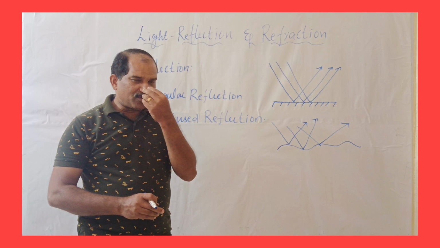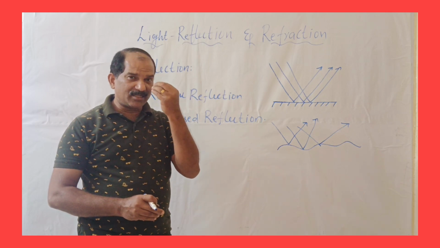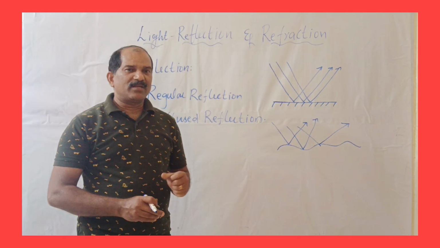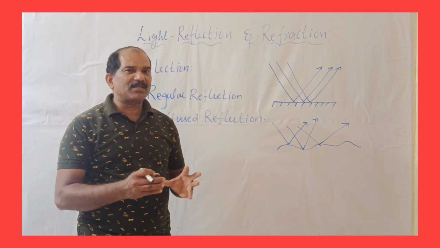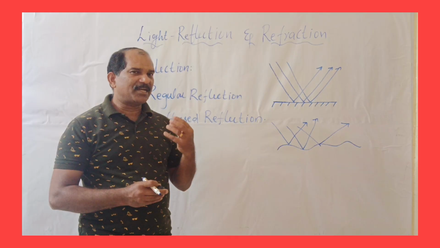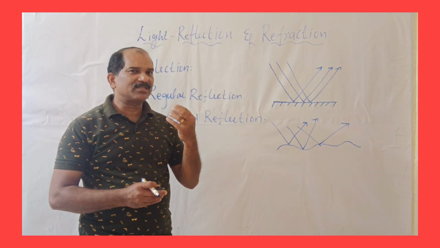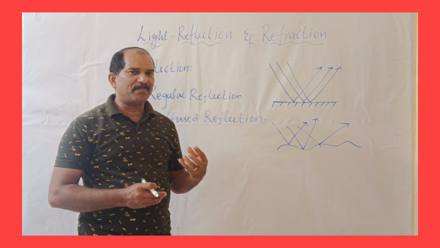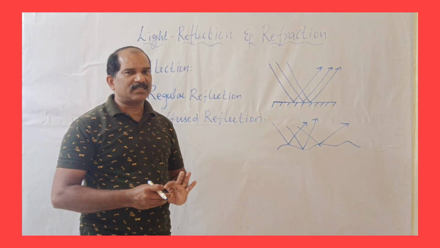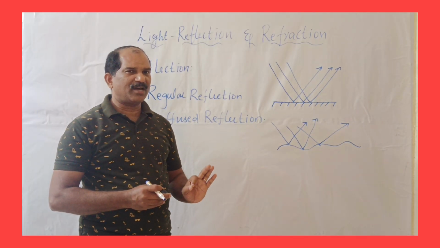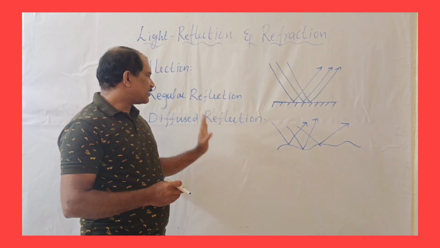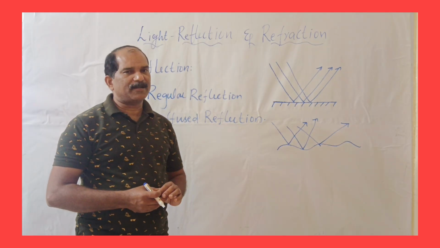It has a nose that projects outside, eyes a little bit inside, and a forehead. So there are different shapes for our body, and from every up and down the light should reflect and come. That is almost a diffused reflection. Now I hope nobody has any doubt about regular and irregular reflection.